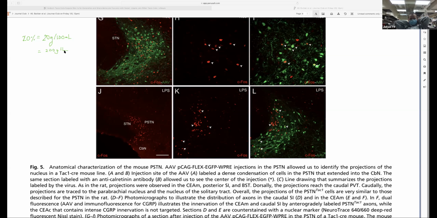Now what's the information that we need to convert this to molar concentration? Molar mass. Okay, so what's the molar mass of sucrose? Is it like 300 something? I just looked it up. It's 342.3 grams.